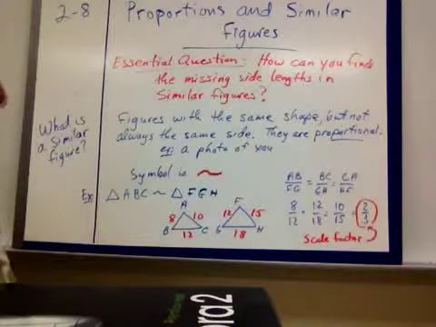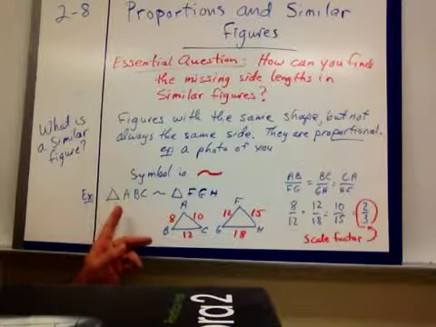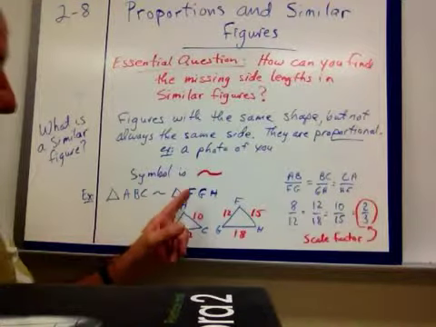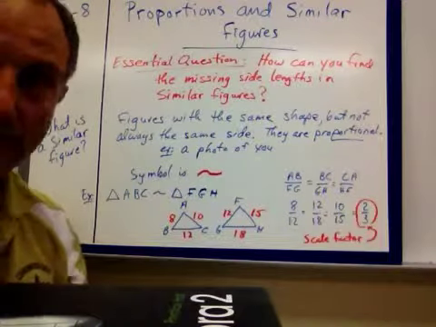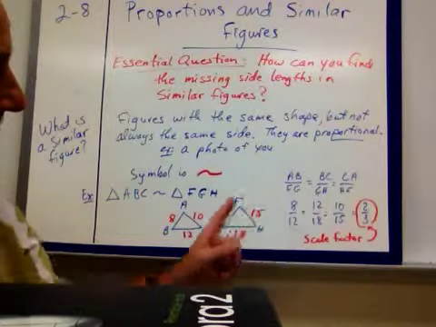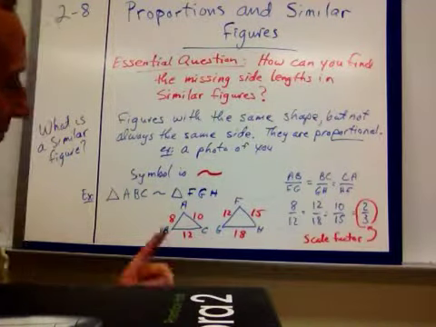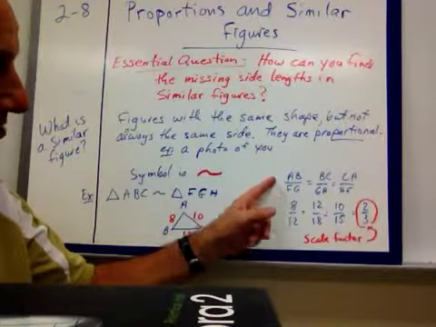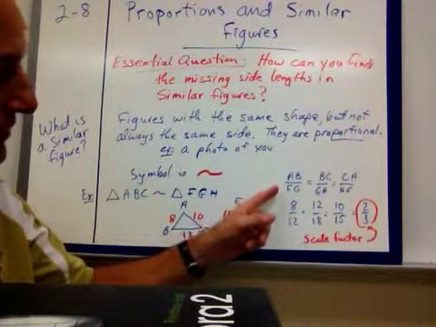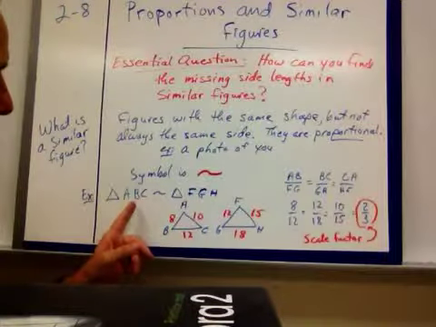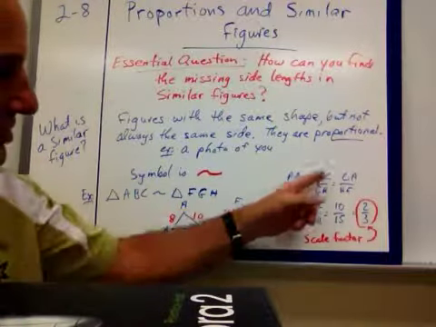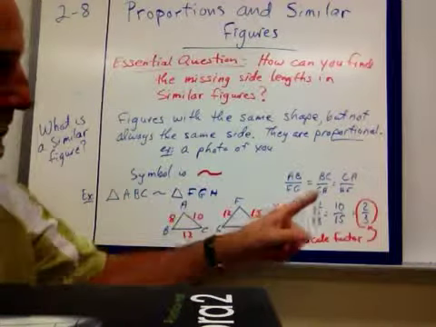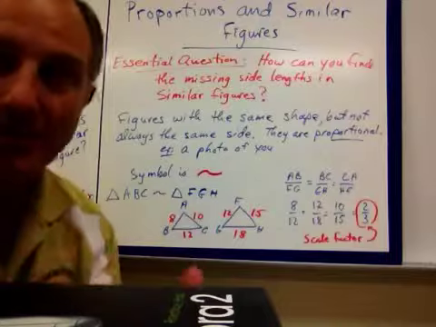So here's an example of what it would look like. We have triangle ABC here, and we're saying that it's similar to triangle FGH. What it means is that if you looked at what we call corresponding sides, where AB would correspond with FG, and we wrote that as a fraction, the length of AB over the length of FG, and then the length of BC over the length of GH, and the length of CA over the length of HF, they'd be equal.